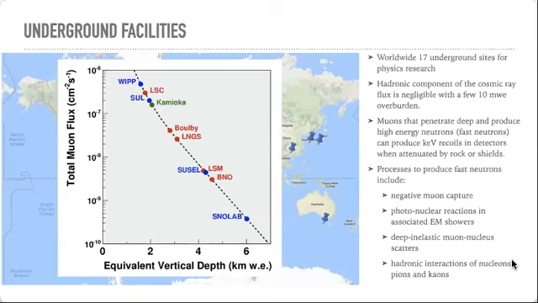In SuperCDMS, our simulation of the cosmic rays has norite rock, which is the composition above SNOLAB. But when SNOLAB wants to compare themselves to another site, they go to meters water equivalent because it's a fairer comparison of how much reduction in cosmic ray flux you can get. Does that make sense?